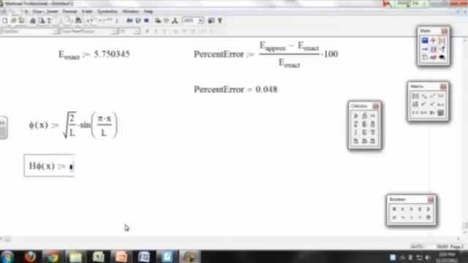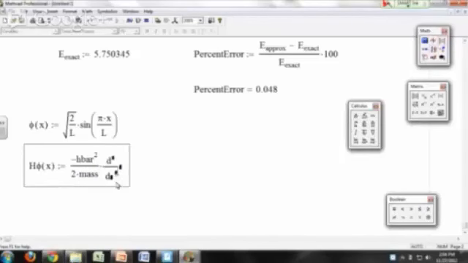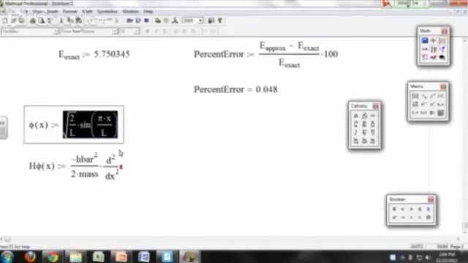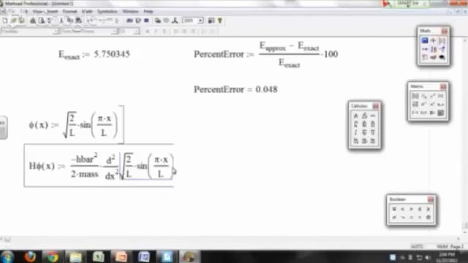H operating on phi for particle in a box is going to be negative h bar squared over 2 times the mass times the second derivative with respect to x of our phi. Let's put the actual expression for phi. So this thing right here is your kinetic energy operator operating on our phi.